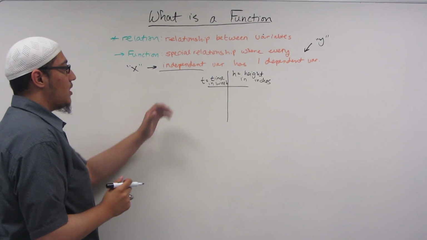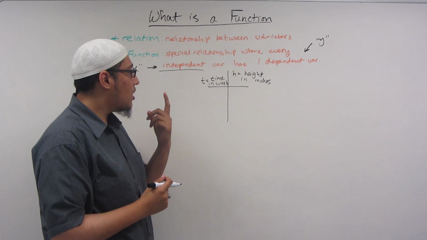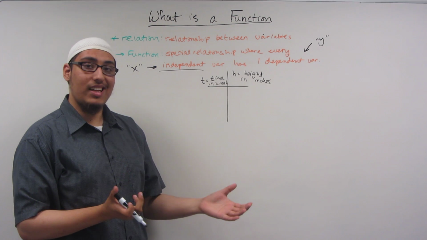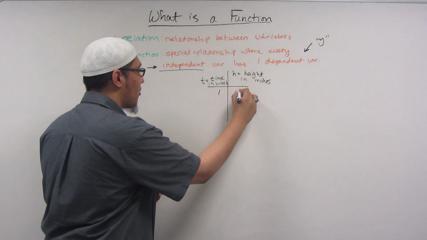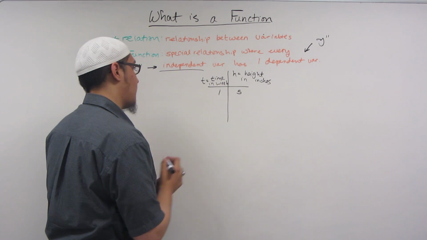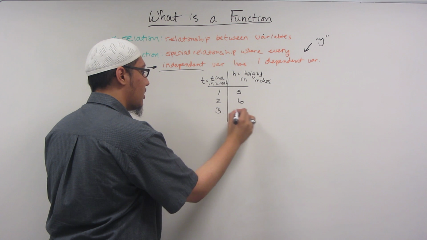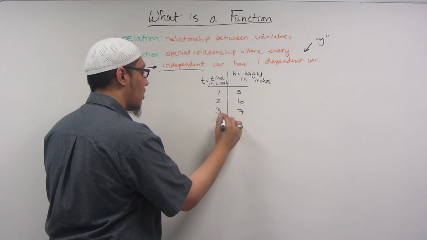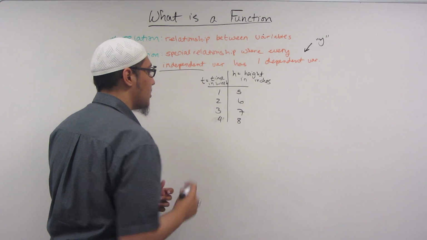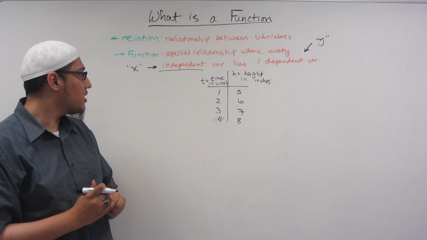Now, let's say that we measure our plant height only once a week. So let's say that in week 1 our plant is 5 inches tall, and week 2, let's just say it's continuously increasing. Week 3, it's 7. Or excuse me, week 4, it's 8, all right? So this looks like it's continuously increasing.